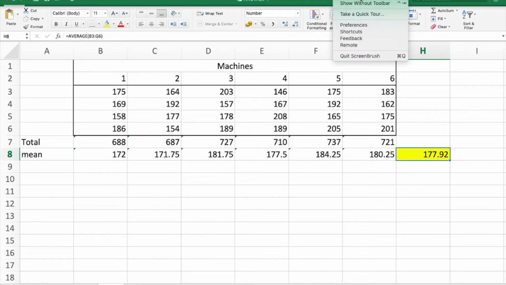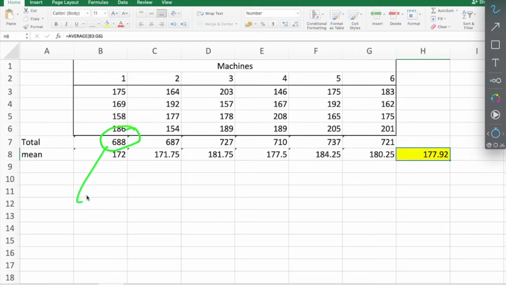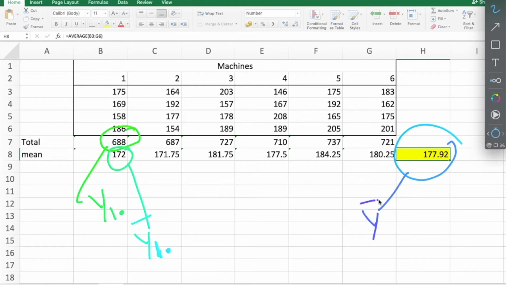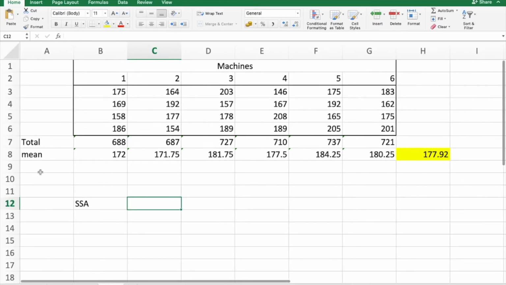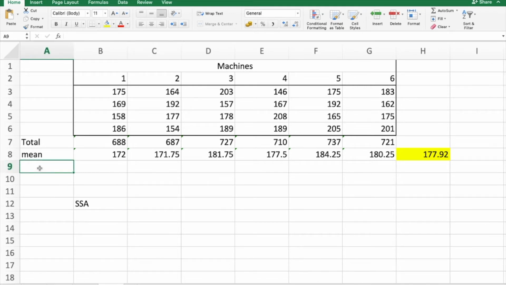So what are these? This value is y1 dot, and this value is your y bar 1 dot, and this value is y bar dot dot. So if we know this, we can find out the sum of squares. It is better if we find out y i dot minus y dot dot.